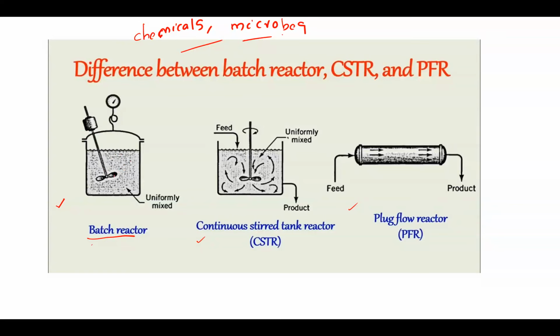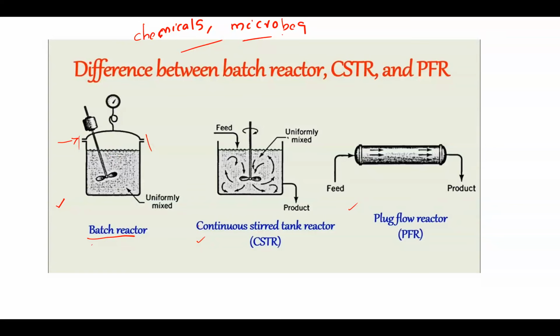We apply a stirrer, continuously stirring to make sure the mixture is uniformly mixed. But here you fill the water and then close the system. You are not putting any more liquid inside. It is completely closed, and you work with the liquid inside.